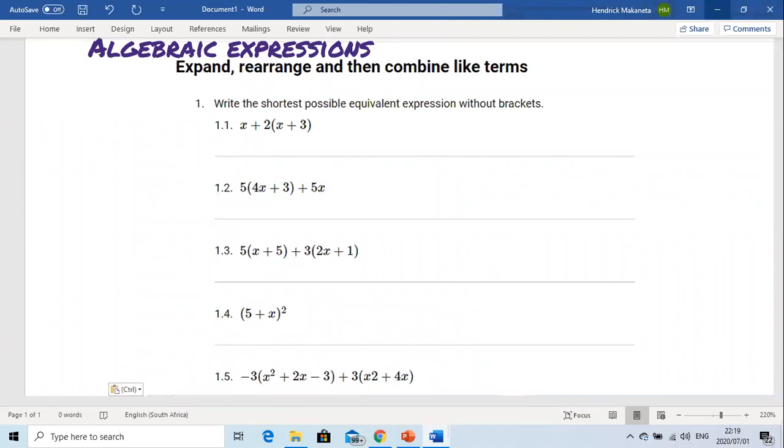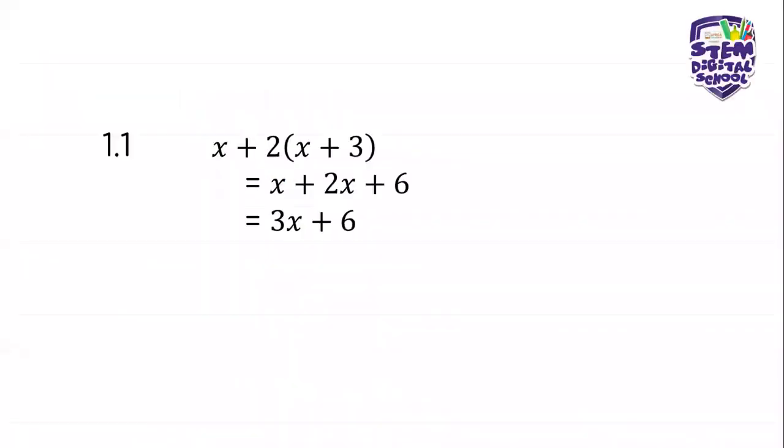And then in this case, just the shortest version, if you want to rewrite it, remember that we have multiplied the expressions before. And then we have the first one there, which is x plus 2, open bracket, x plus 3. And then you can see that what we have done here was just to demonstrate that if you have x plus 2, open bracket, x plus 3, the first step is to break the bracket.